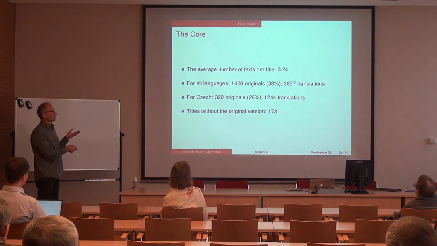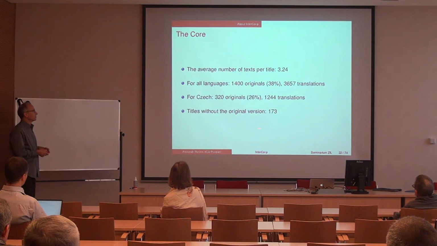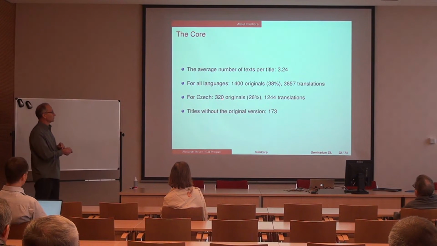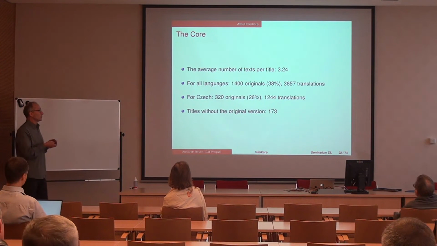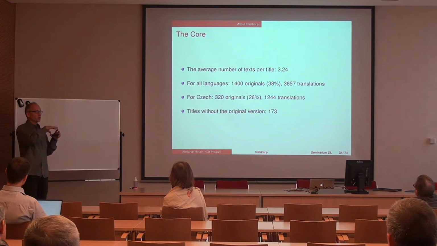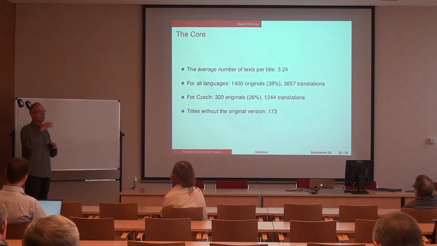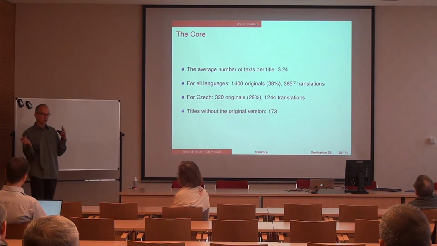You can see that clearly there are more translations than originals. For Czech, we have 320 originals and so many translations. So we try to build the corpus in such a way that if you compare Czech with some other language, you would have a kind of balance as for translations and originals.